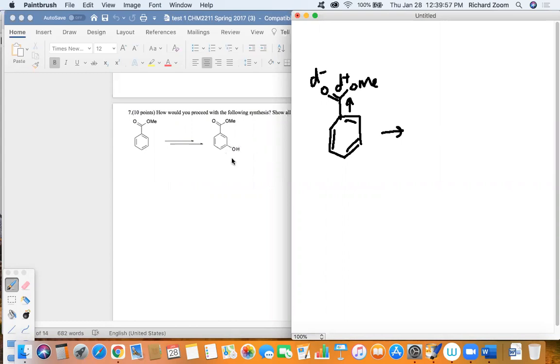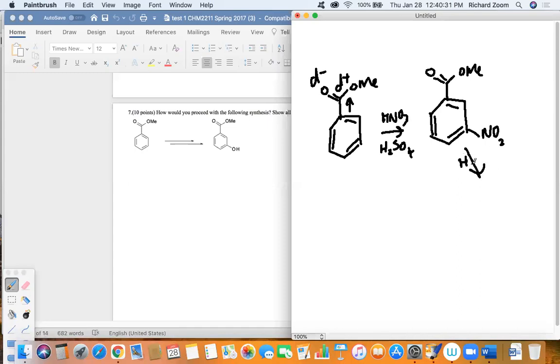And you'll notice where the OH is, it's in the meta position, which means that we can do our synthetic process, which involves nitration, which will put it in the meta position.